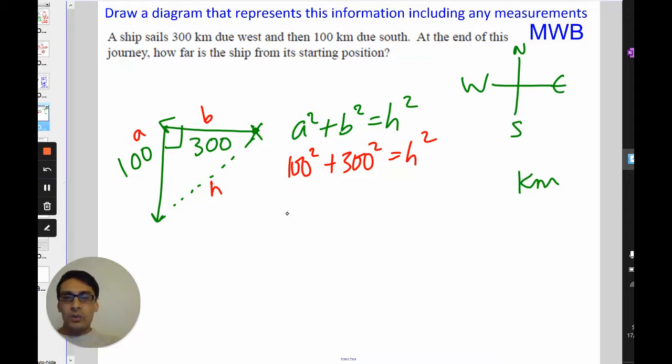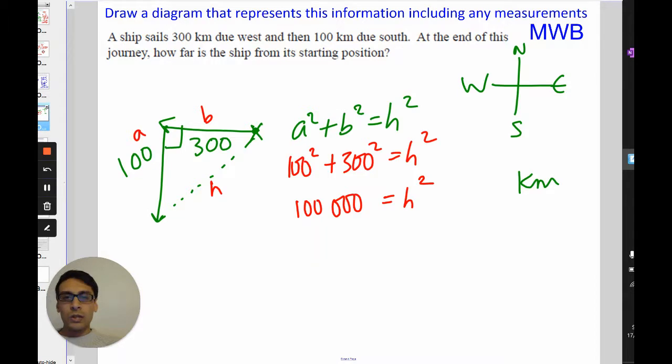So that will be 100 squared plus 300 squared on the calculator is going to be 100,000 equals H squared, and then we're going to square root the answer.